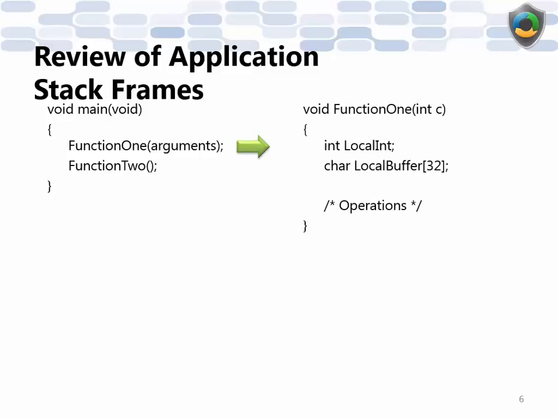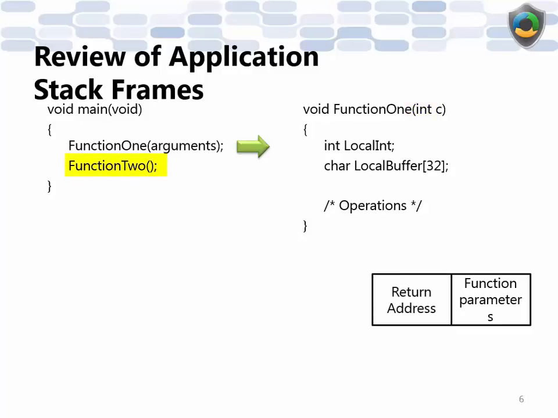The first action is the execution of function 1. When function 1 is called, the computer CPU creates what's called a stack frame for function 1. Then it performs a series of steps on that stack frame in order for function 1 to execute correctly. The first step is to store any arguments that are passed to function 1. The second step is to establish the return, or the address of the next instruction to execute after function 1 has been completed.